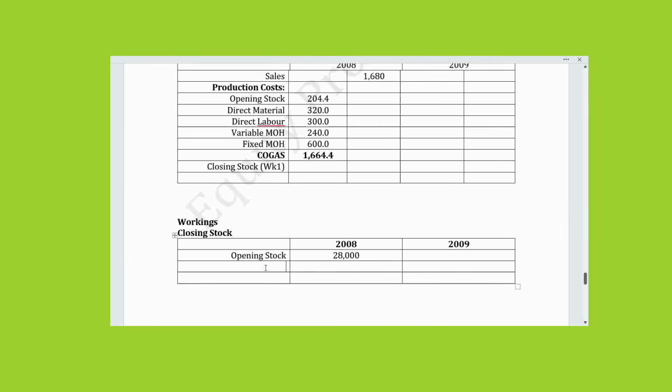Then in 2008, we have actual production. The actual unit produced in 2008 was 200,000. Then the addition of the 2 will give us total units available.